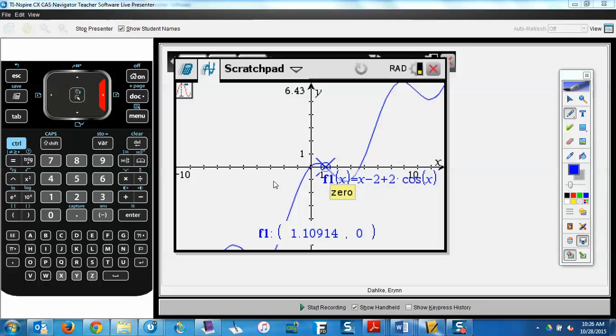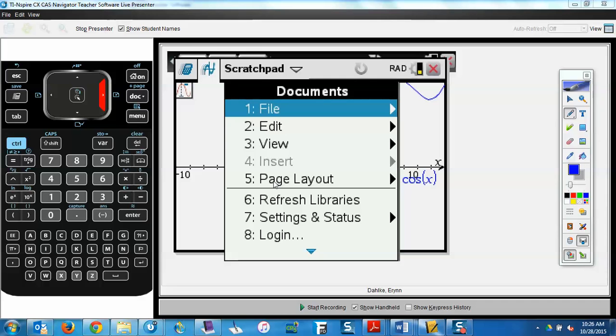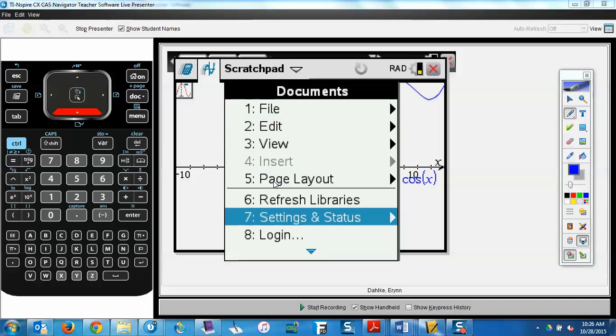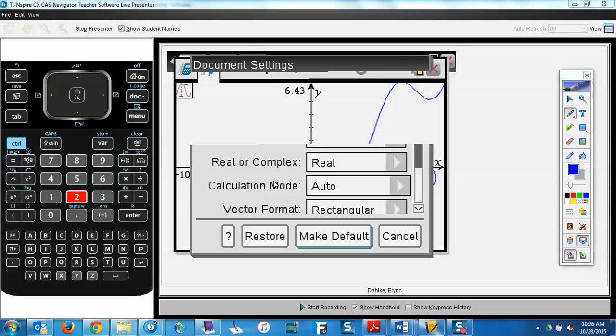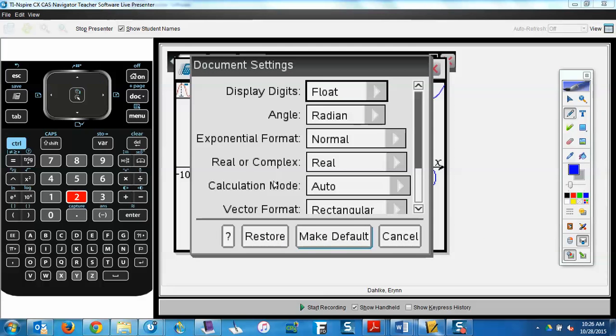Right now, if you go under, I think it's document. If you hit the doc button, go ahead and do that. And then settings. And document settings. And we want that to say float, not float 3 or float 6. Okay? So Aaron's is right.